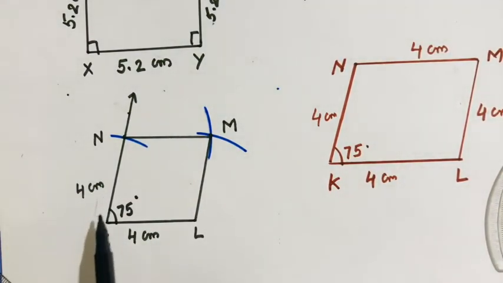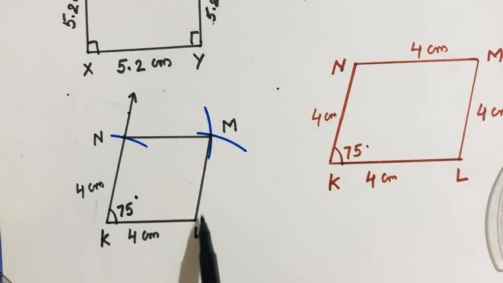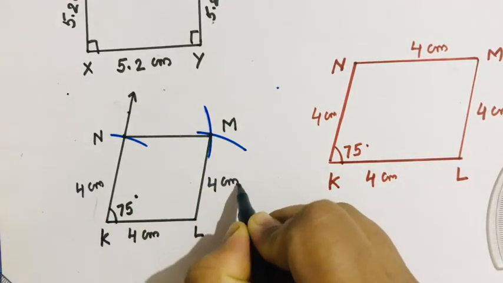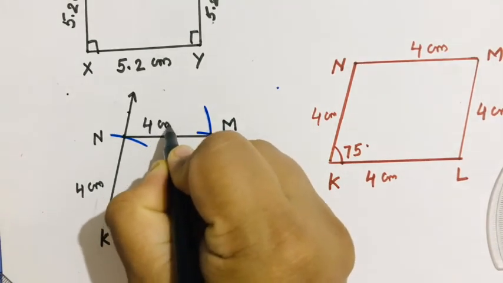This is your required rhombus KLMN, where all its sides are 4 centimeters.